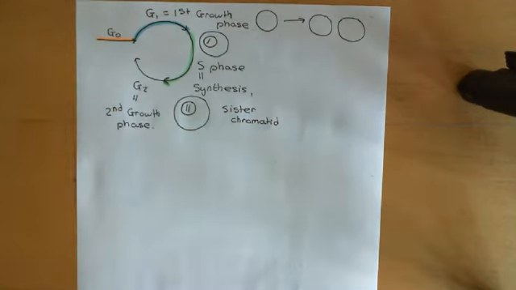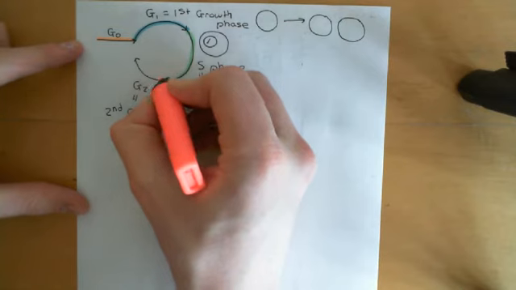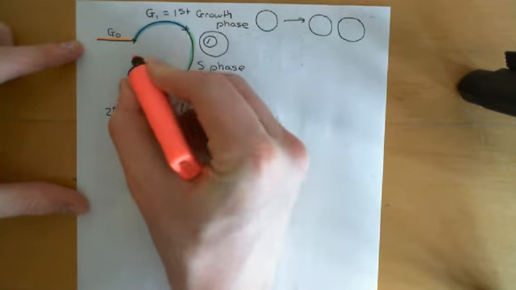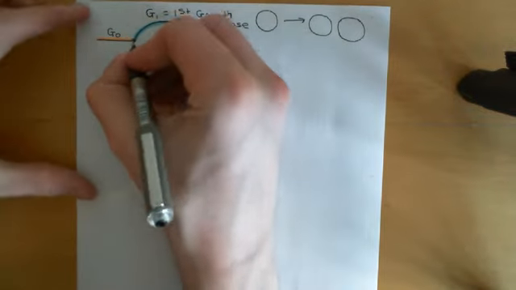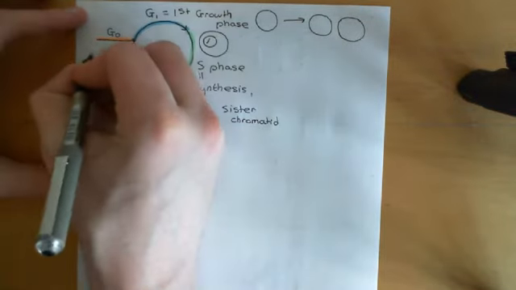So the work of the first growth phase is going to continue in the second growth phase. You're going to continue this duplication of proteins that is needed in order for the cell to divide. In addition, you're going to be preparing for the final phase of the cell cycle, which is the M phase. So here then, this is the M phase.